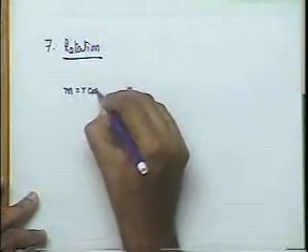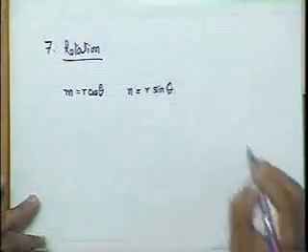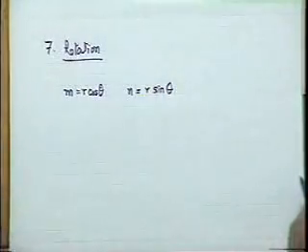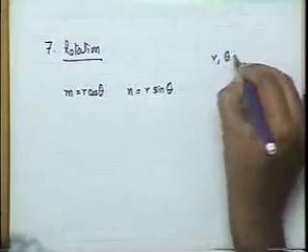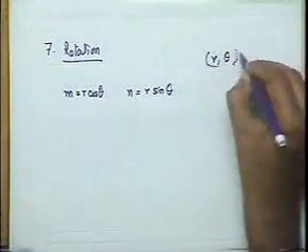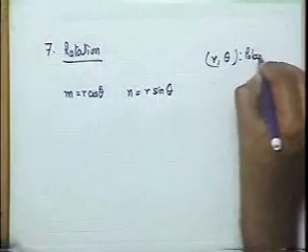So r, theta are the polar coordinates in the spatial domain.